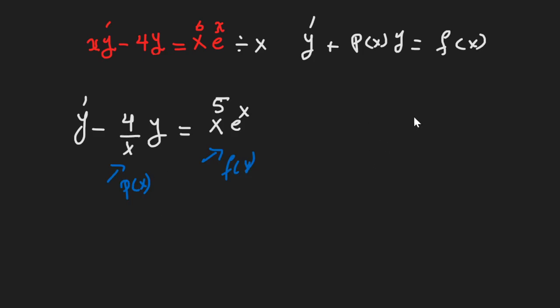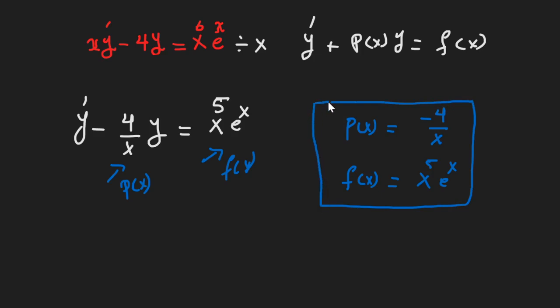So you just need to put a table here. You say that b of x equals minus 4 over x, and f of x equals x to the 5 e to the x. After you make this table, you now need to find the integrating factor.